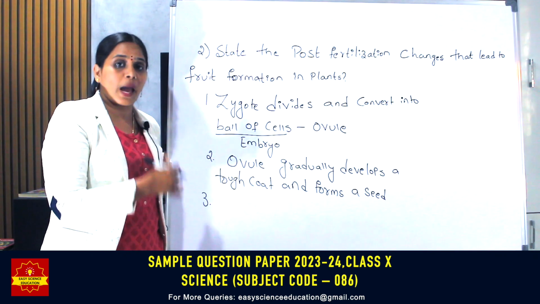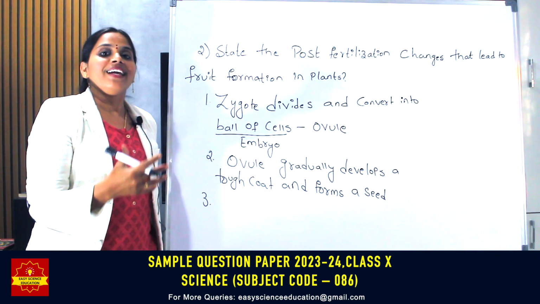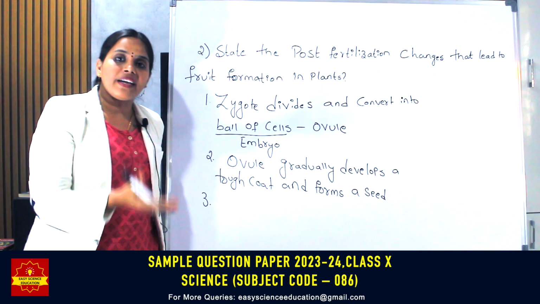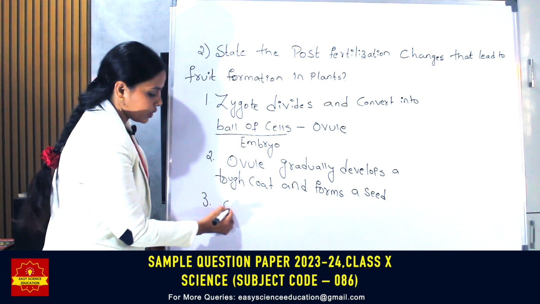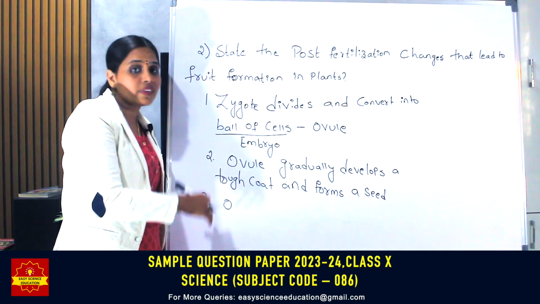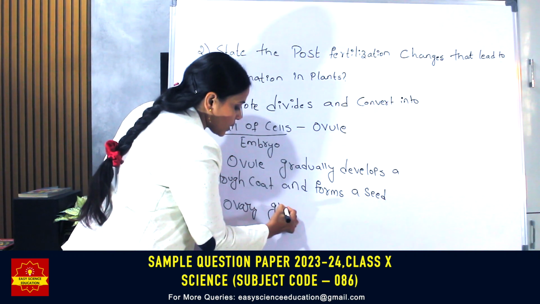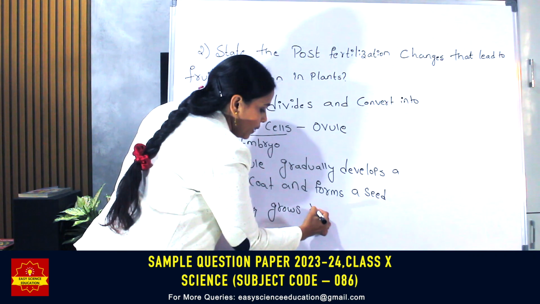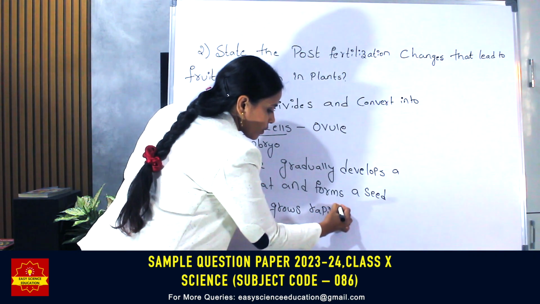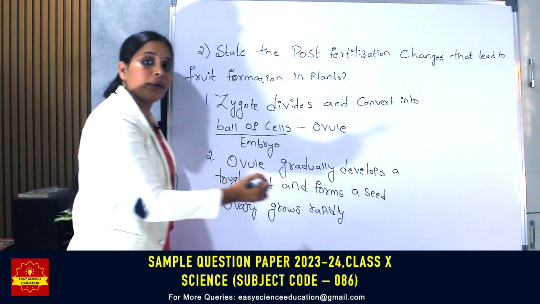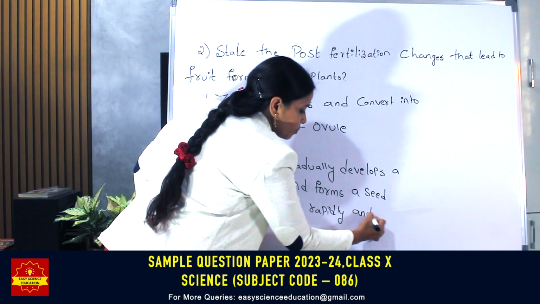The third change is that the ovary grows rapidly and ripens into a fruit.